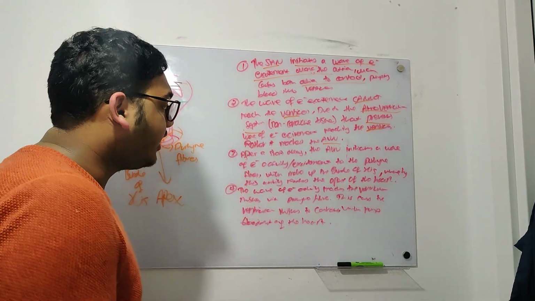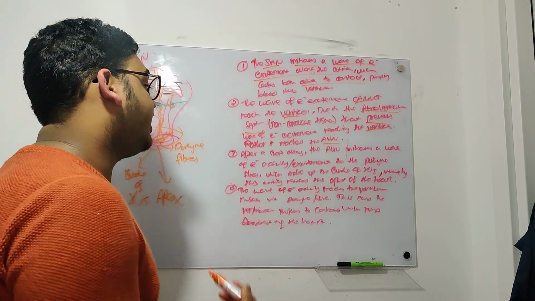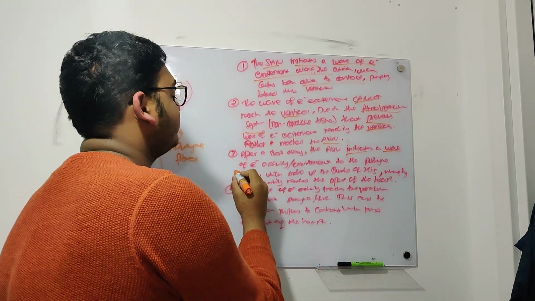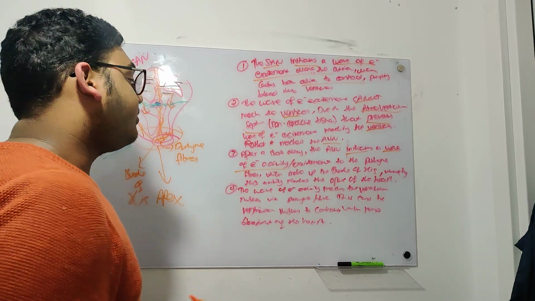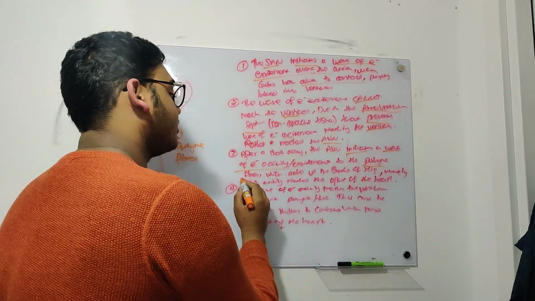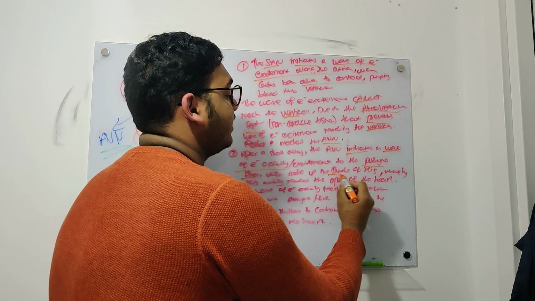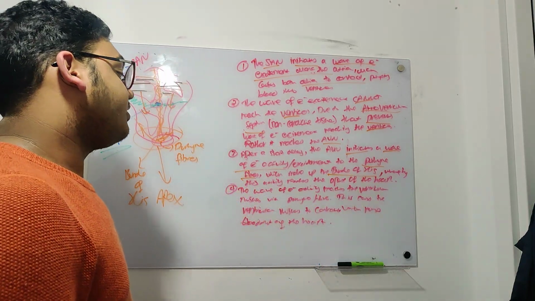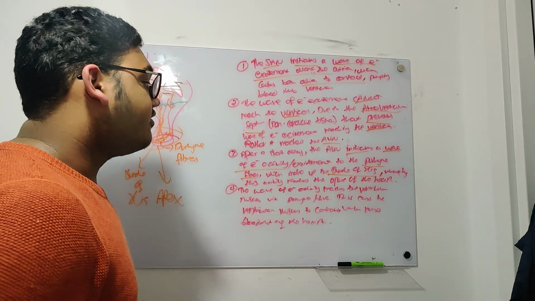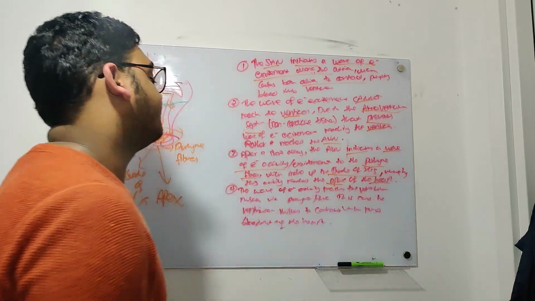Rather, it reaches the atrioventricular node. After a short delay, the atrioventricular node initiates a wave of electrical activity to the Purkinje fibers, which make up the bundle of His, whereby this activity reaches the apex of the heart.